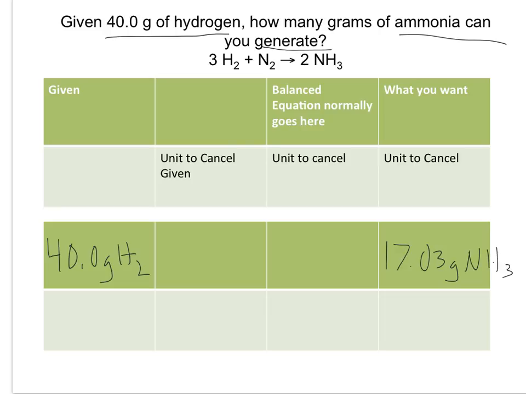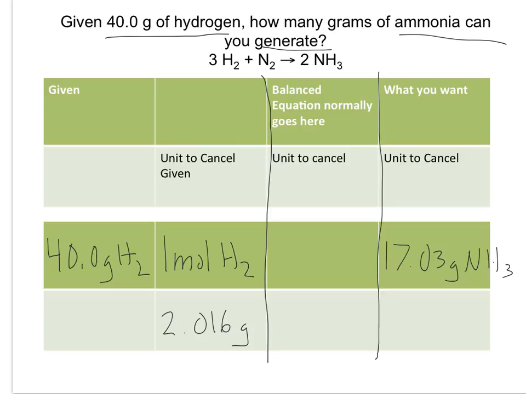Then what I need to do is I need to get rid of grams of hydrogen. So 1 mole of H2 is 2.016 grams. As before, I need to go to my balanced equation for this. From the balanced equation, I have a 3 in front of hydrogen.